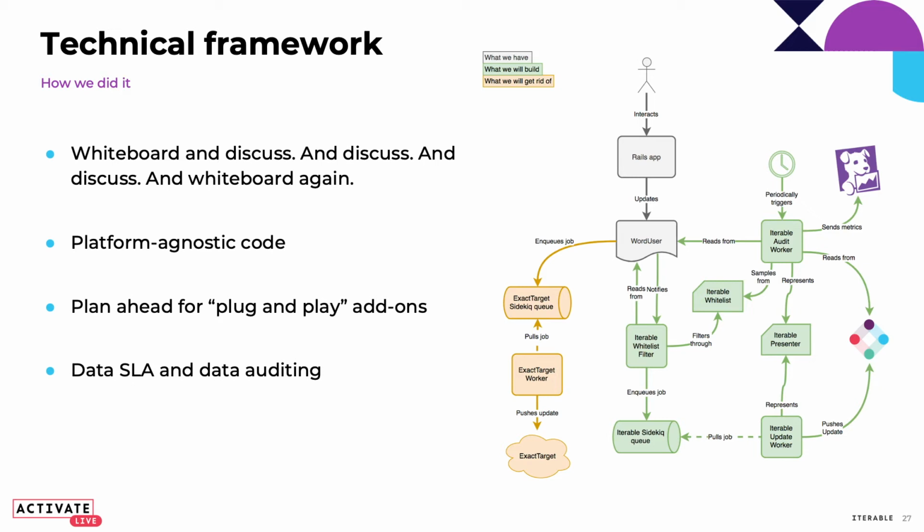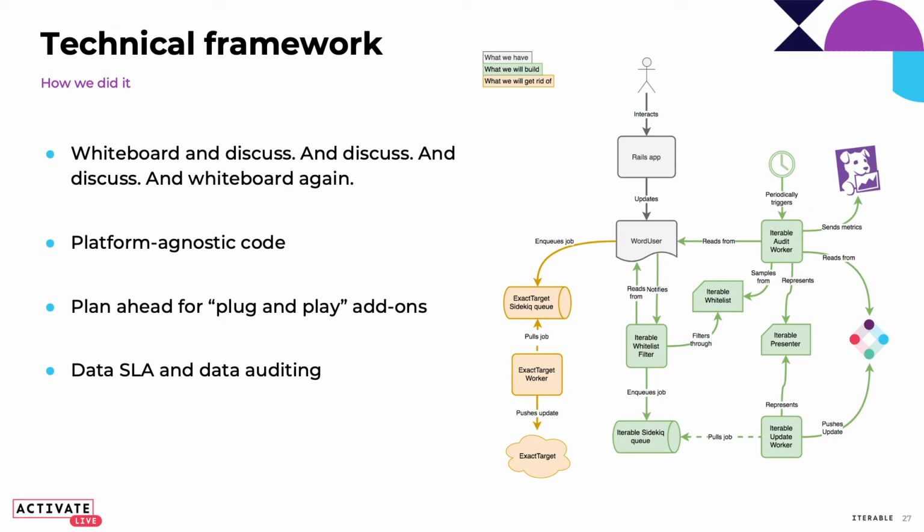We also agreed, like I said, on data SLAs. So an example there is, I said, hey, when it comes to user profile data, we want that updated within an hour in Iterable. But when it comes to event data, we want that updated within a minute. And then we also identified certain pieces of data as high value. So that's things like a receipt email or a forgot password email.